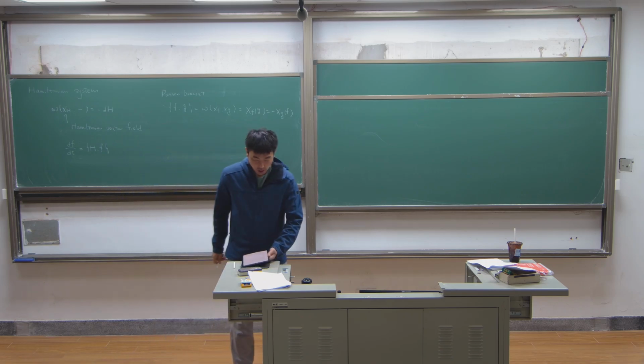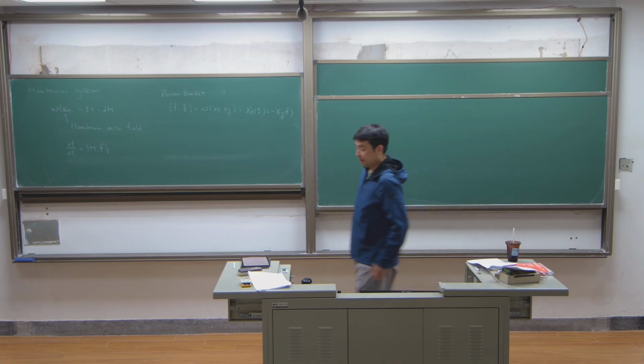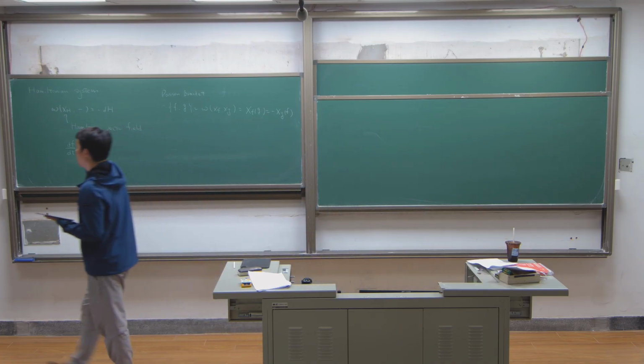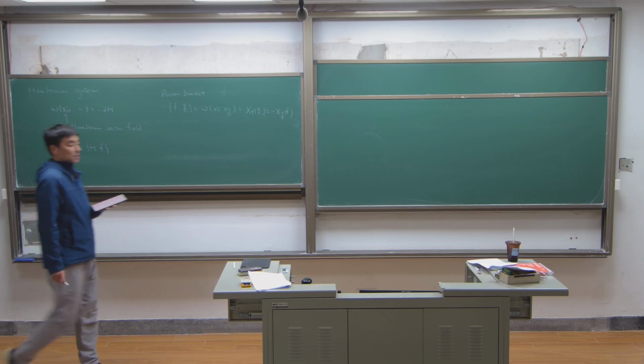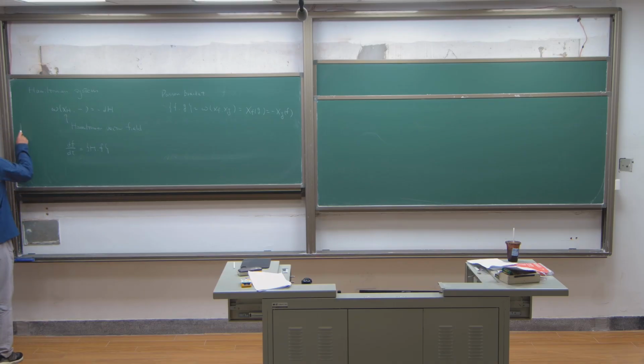我们开始吧。上次我们学习辛几何，辛几何和经典力学有很深层的关系，特别是 Hamiltonian system。So given the symplectic manifold, two-dimensional, then given the function h, some smooth function, 我们可以定义这个 Hamiltonian 向量场 XH by using the symplectic form.